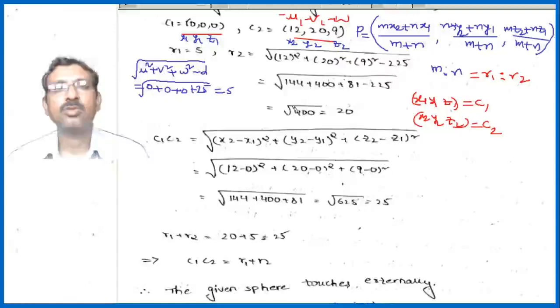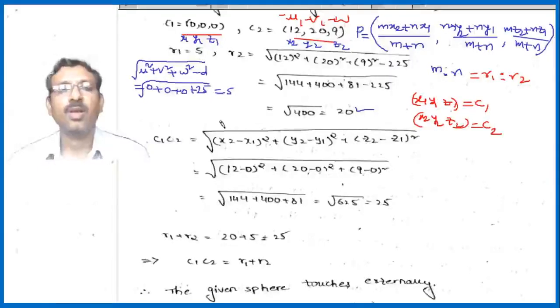Simplifying these terms, we get 400, and the square root of 400 is 20. And also we find C1 C2.